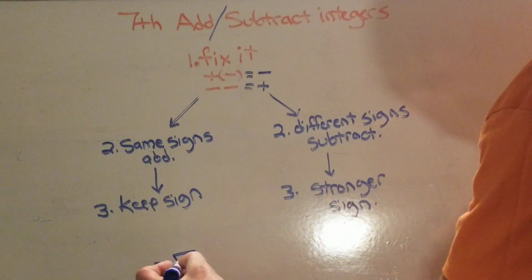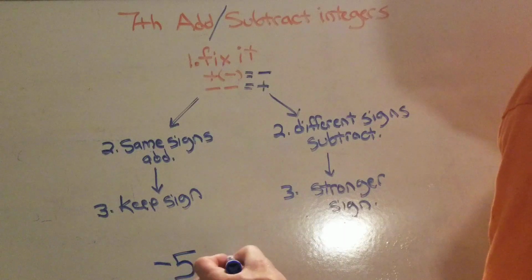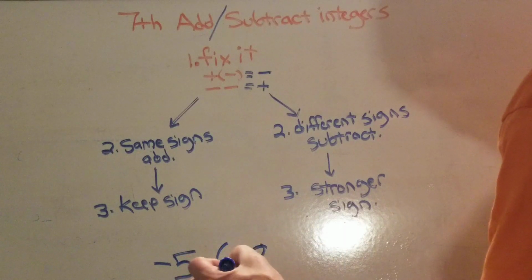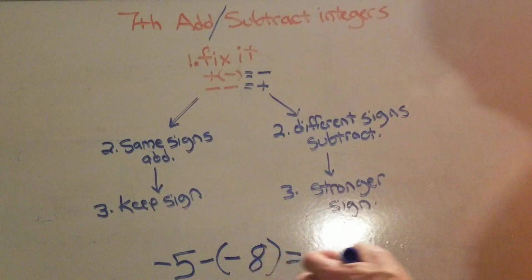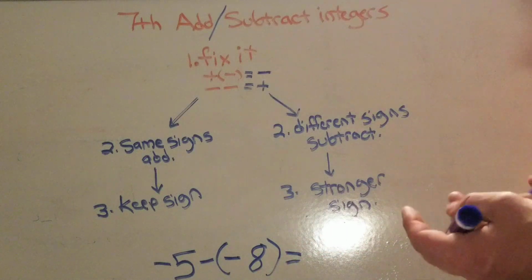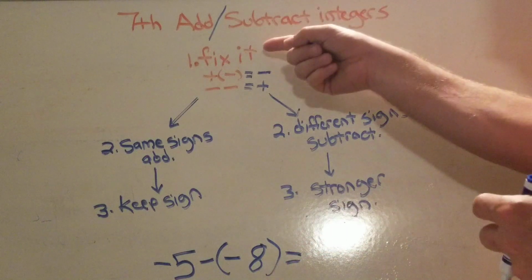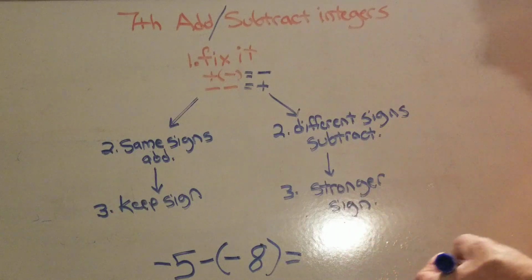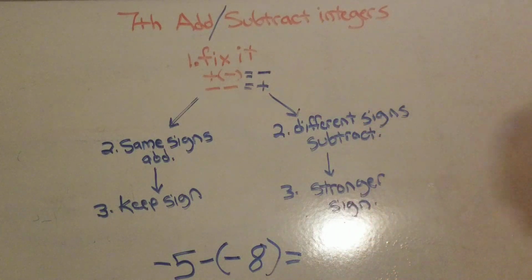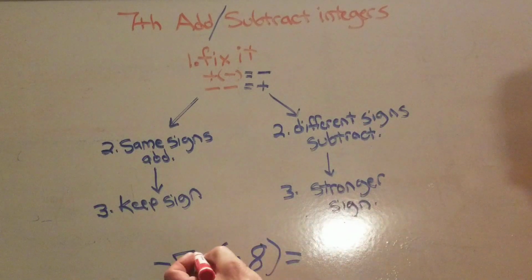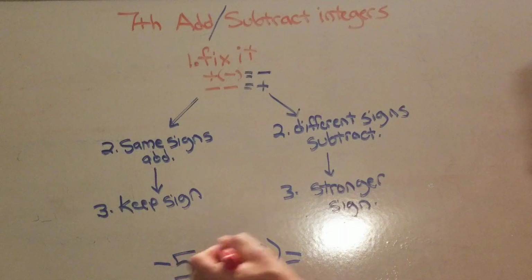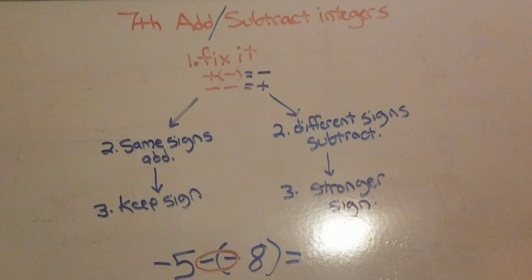Negative 5 minus negative 8. Okay, it looks a little messy. We're going to fix it, okay? Well, step 1 is fix it. Are there signs touching each other? Well, yes, there are. These 2 negative signs right here are touching each other. Make sure my camera's up so we can see that. Not so good.